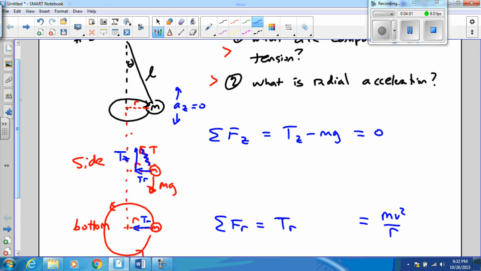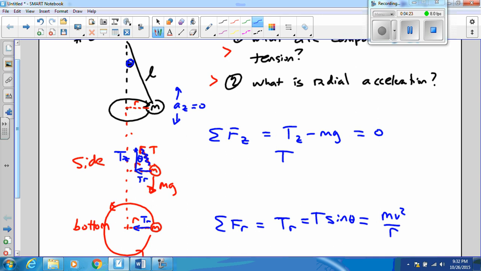And now we're ready to ask some questions here. First of all, what are TZ and TR? Well, if this is my angle theta right here, then that same angle theta is the angle theta right here, so that TR is opposite to theta, and TR is equal to T times sine theta.